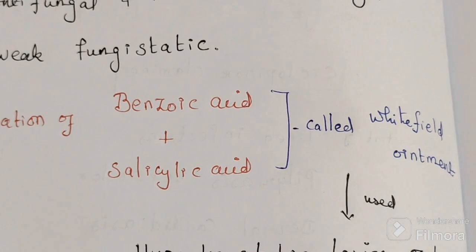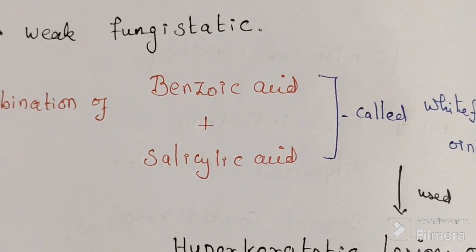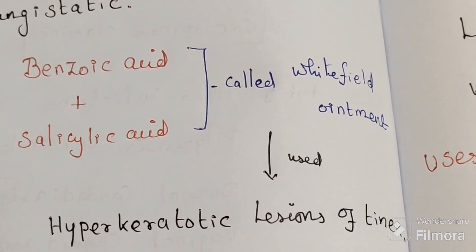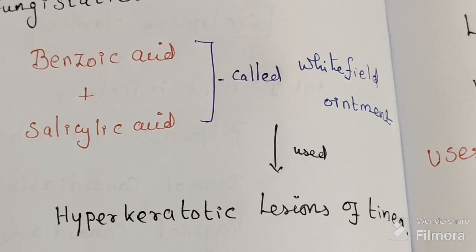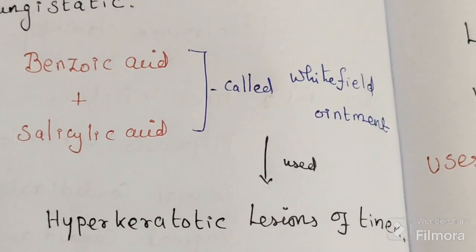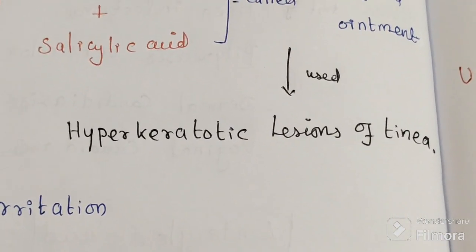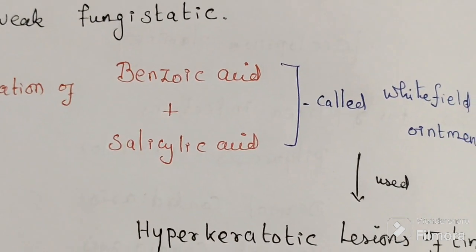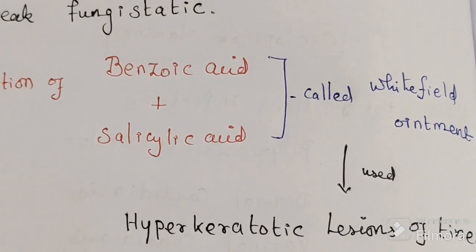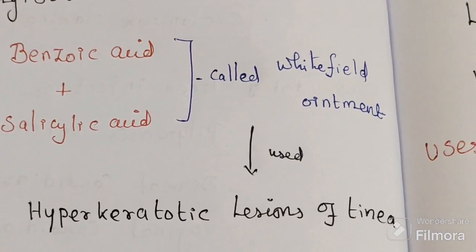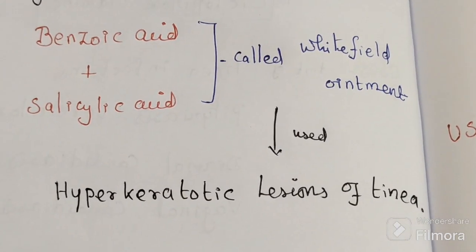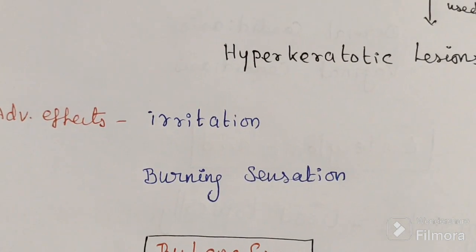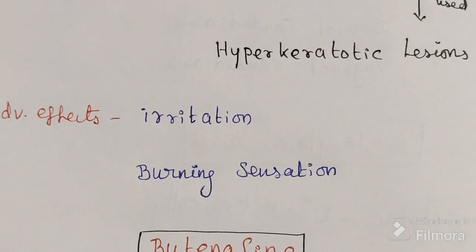The combination of benzoic acid and salicylic acid is called Whitfield ointment, which is used for hyperkeratotic lesions of tinea. The adverse effects include irritation and burning sensation.